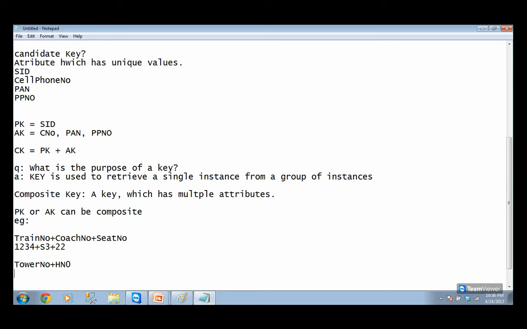So you say tower A, I have to go to house number 12. Put together, you can identify a single house. This is the best example for a composite key. So sometimes one attribute cannot give you a single instance. You have to tell at least two or three attributes to identify a single person, single house, or single customer. So this is known as a composite key.